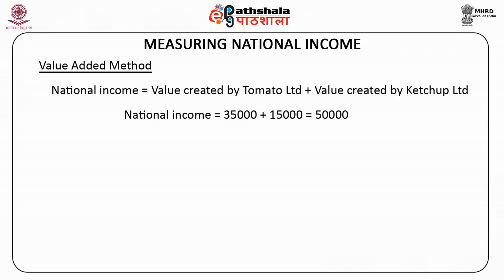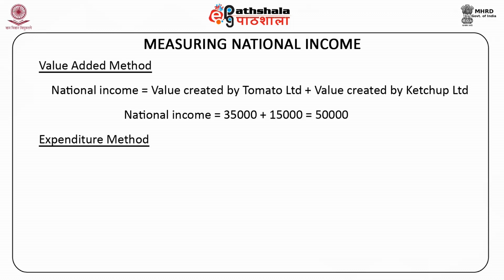This will be 15,000. Accordingly, the national income in such a hypothetical economy is equal to value created by Tomato Limited plus value created by Ketchup Limited, equals 35,000 rupees plus 15,000 rupees, which will be equal to 50,000 rupees. Expenditure approach.